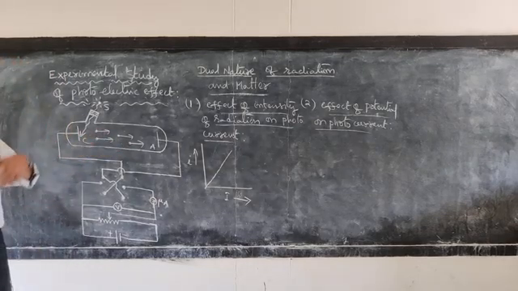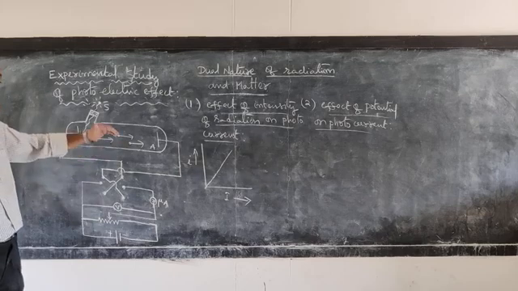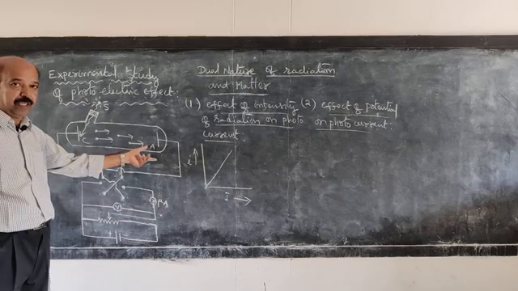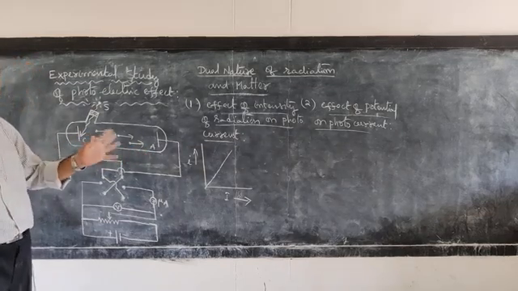So photocurrent increases. But after reaching a particular maximum value, with increase in anode potential, the photocurrent doesn't change.